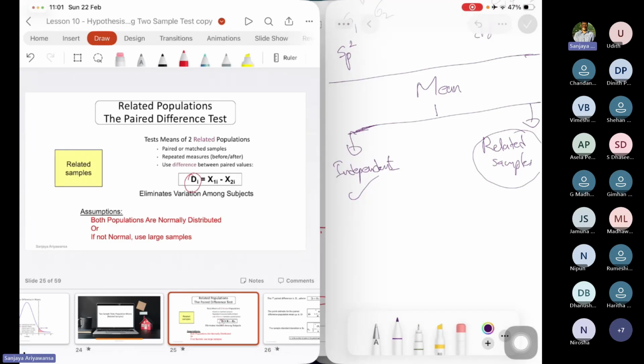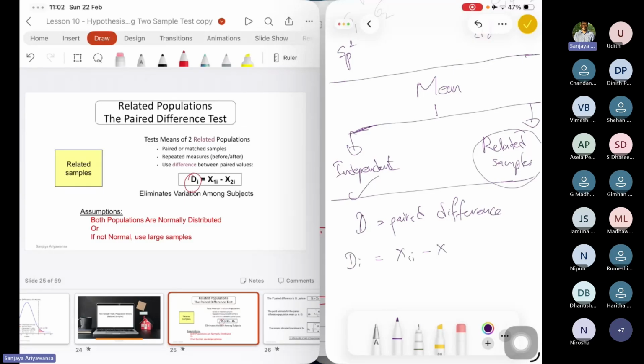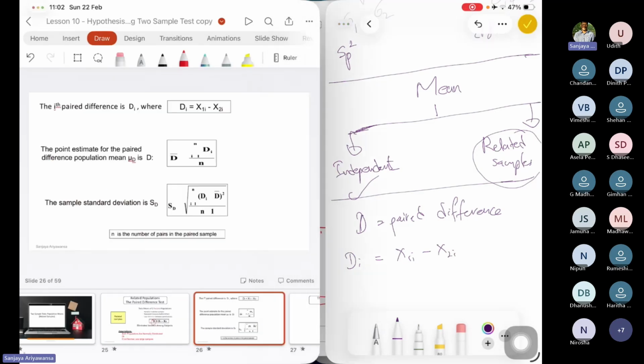What is this capital D? It's called paired difference. What does it do? It simply takes each value from one sample and each corresponding value from the second sample, and takes the difference.